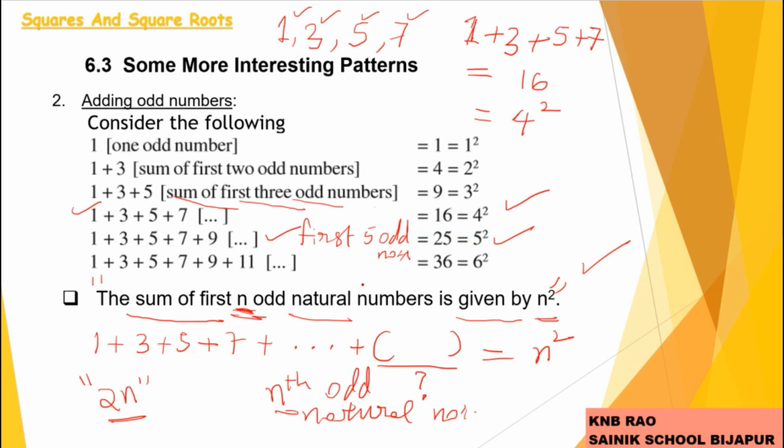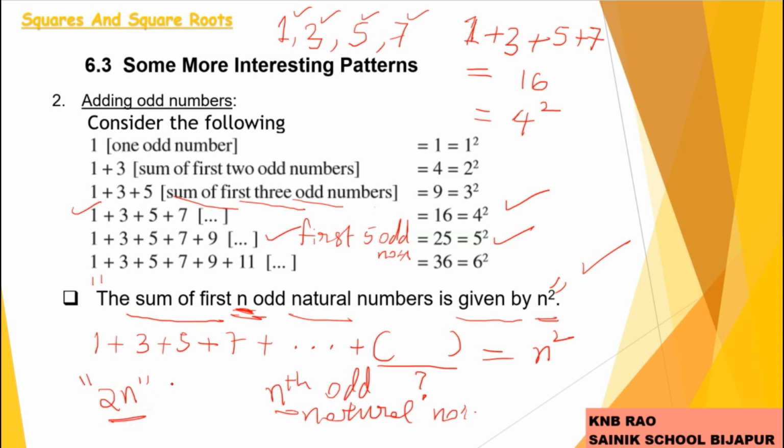Even natural numbers are nothing but 2, 4, 6, 8: 2 1s are 2, 2 2s are 4, 2 3s are 6, 2 4s are 8.